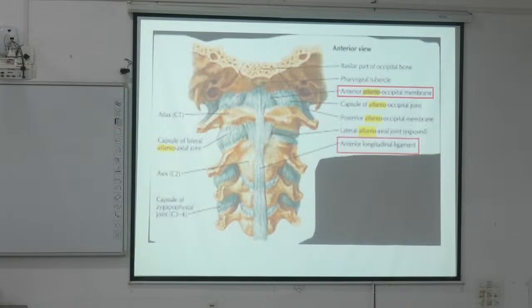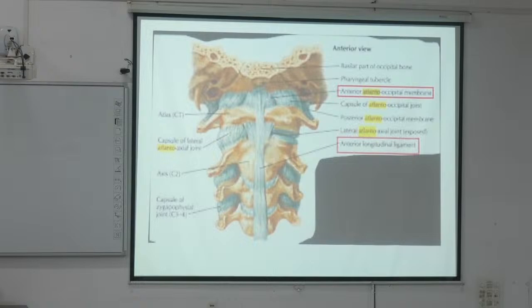Right between the capsular ligament and the anterior longitudinal ligament, from the superior border of the atlas to the anterior border of the foramen magnum, there is a connection of membrane, and this is known as the anterior atlanto-occipital membrane, in the middle of which lies the anterior longitudinal ligament.